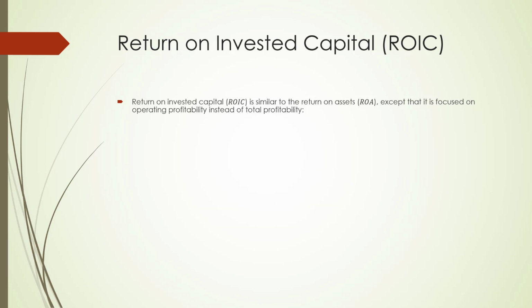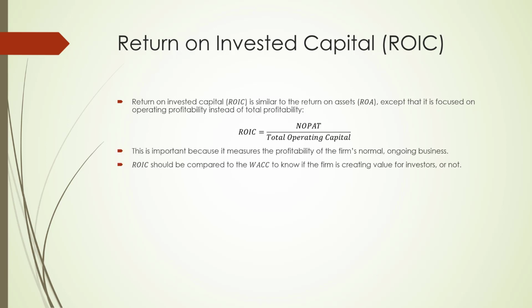So return on invested capital is going to be NOPAT, that's your after-tax operating earnings, divided by total operating capital. So it's the same idea as return on assets, but it focuses on operations, which I've already argued is more important. This is going to give us a percentage, and we need to compare it to something to know if it's good or bad.